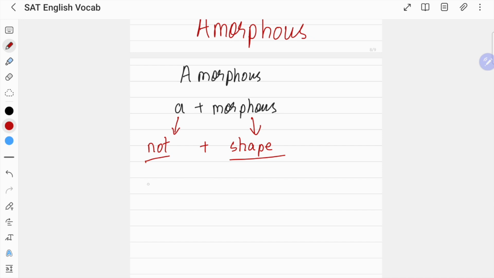Something, we can say amorphous means not shape. So something having no shape.